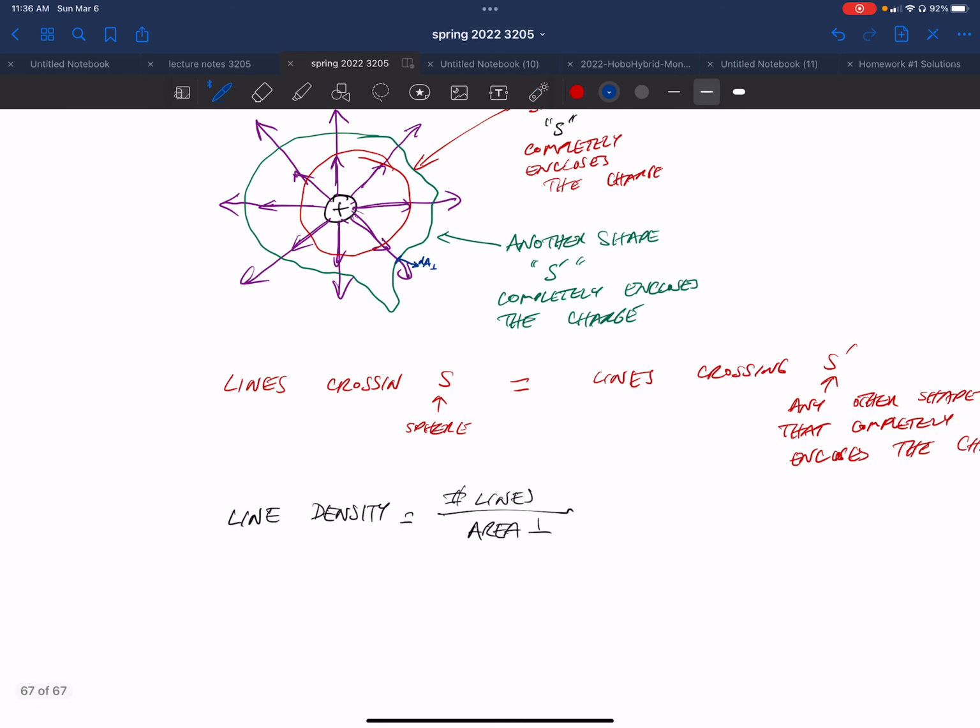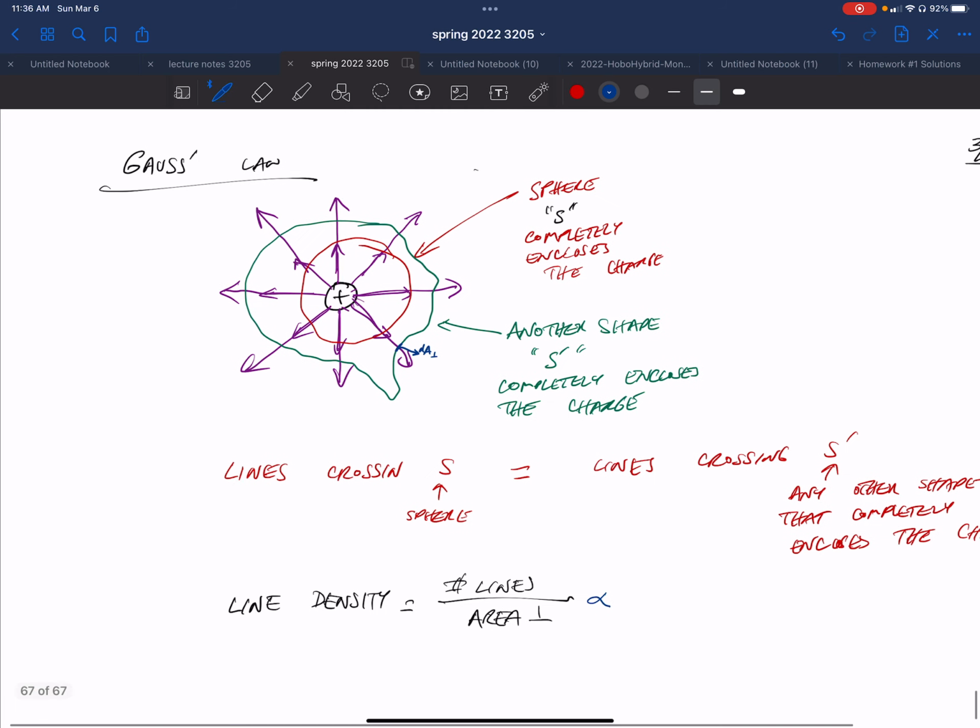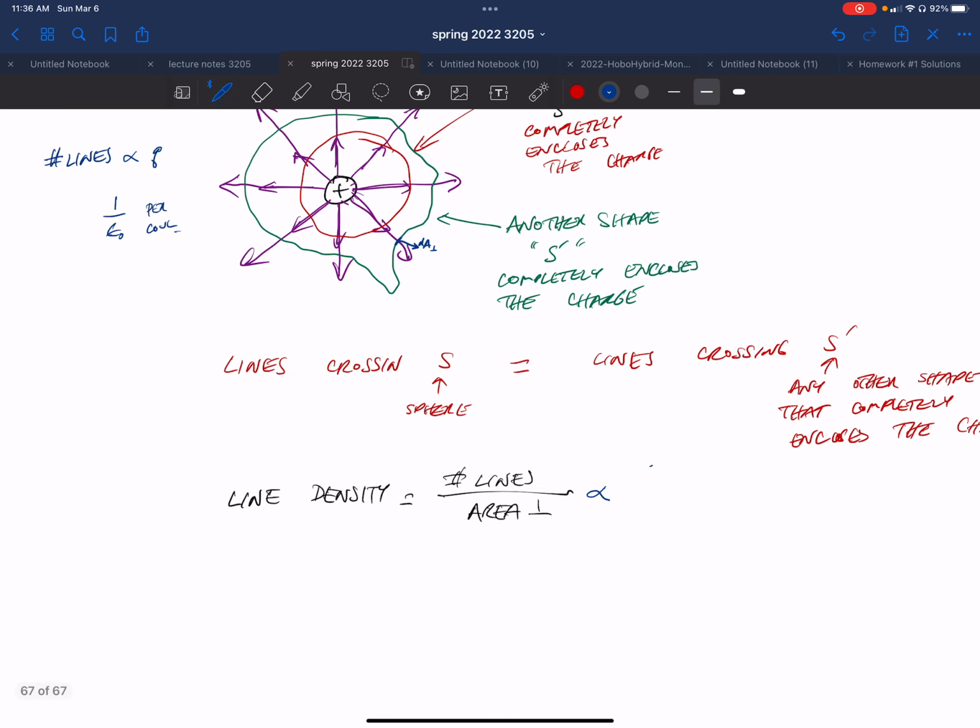So I can basically say this is proportional to, as we had agreed, the number of lines is proportional to the charge. In this case, I drew 8. We said you could draw something else. We also said you could draw 1 over epsilon naught per Coulomb. So the number of lines is proportional to the charge.